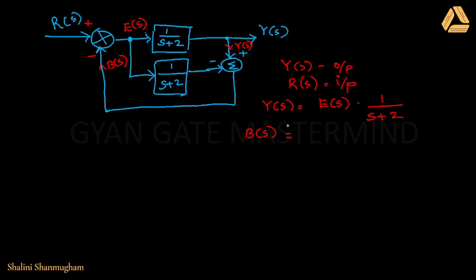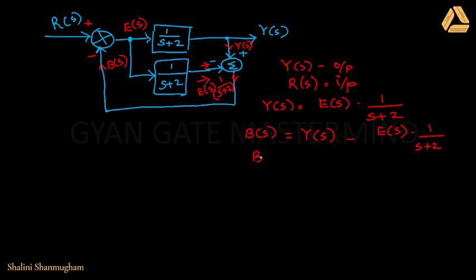So B of s is nothing but Y of s minus the signal flowing here, which is E of s multiplied by 1 by s plus 2. E of s multiplied by this block is the signal flowing through this arrow. So B of s can be given by, this is the output, these two are the input, so Y of s minus E of s into 1 by s plus 2.